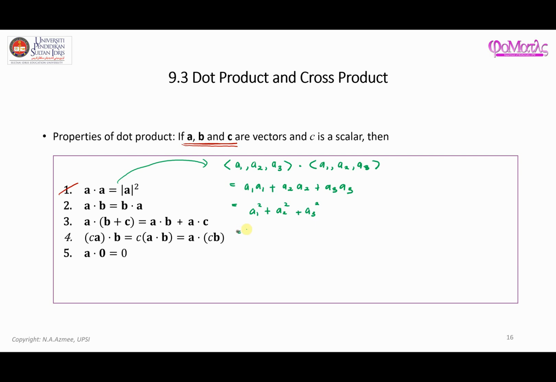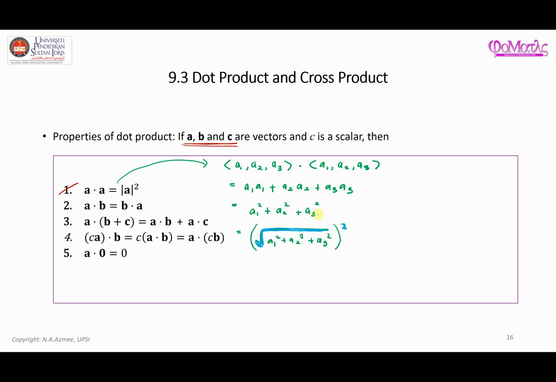I can manipulate this statement so that it looks like this: the square root of a1 squared plus a2 squared plus a3 squared, and then squared.